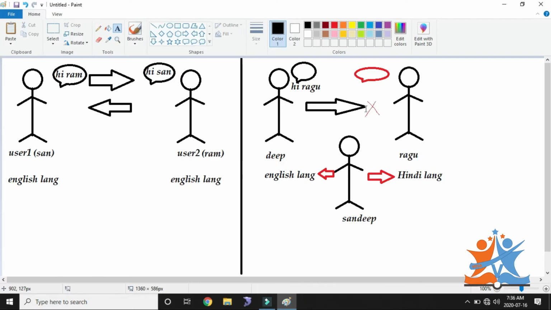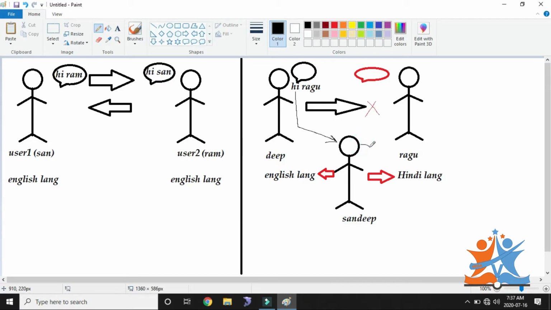So at this time, the previous way of direct communication is changed. Now whatever information Deep said goes to Sandeep. Sandeep understands English, then he can convert the English language to Hindi.